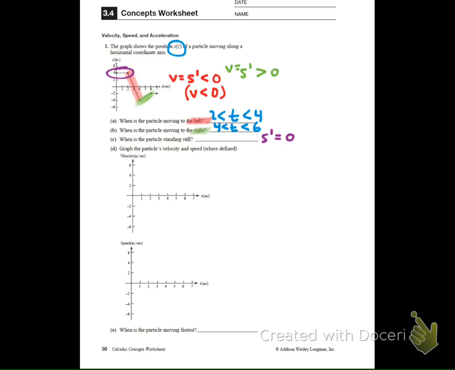If the position isn't changing, then the particle is standing still, and that occurs between t equals 0 and 2, and also from t equals 6 to t equals 7. So from time 6 to 7 and from time 0 to 2, the particle is standing still.